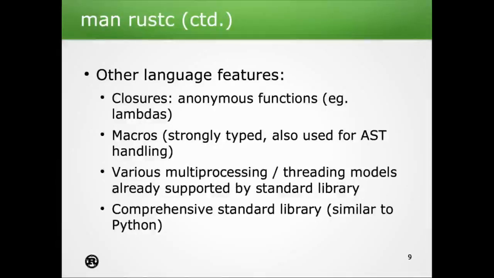Okay, other language features. Closures are pretty much comparable to anonymous functions, the likes of lambdas in Python and other programming languages. Of course, beloved Lisp comes to mind. Essentially, it's a function rolled up into a variable. You have macros, somewhat similar to C macros or macros in other programming languages.